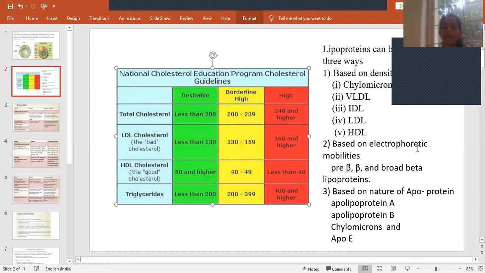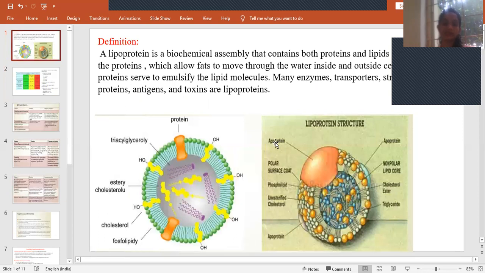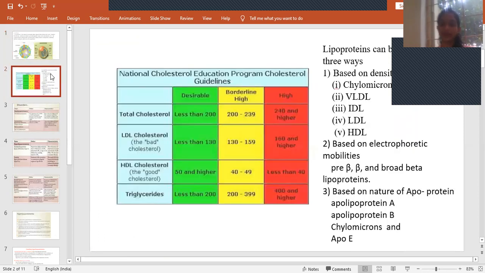And based on the nature of the apoprotein, which I showed you in this picture, they are classified into four types: apolipoprotein A, apolipoprotein B, chylomicrons, and apo-E.